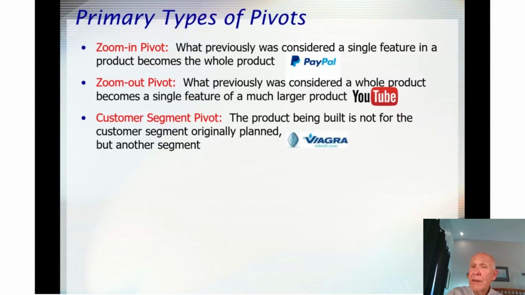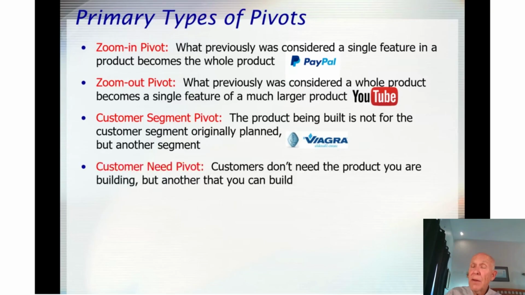And the great example of that is Viagra. As many of you may know, it's a pill for erectile dysfunction. And originally it was not built for that. It was built for a treatment of heart pain called angina, and Pfizer pivoted and found out it could work and became the largest selling pharmaceutical of all time.